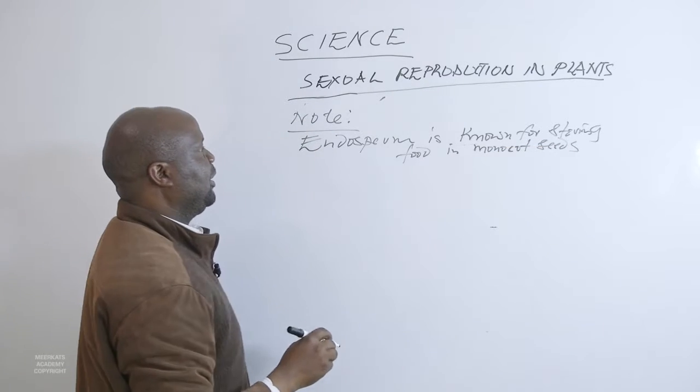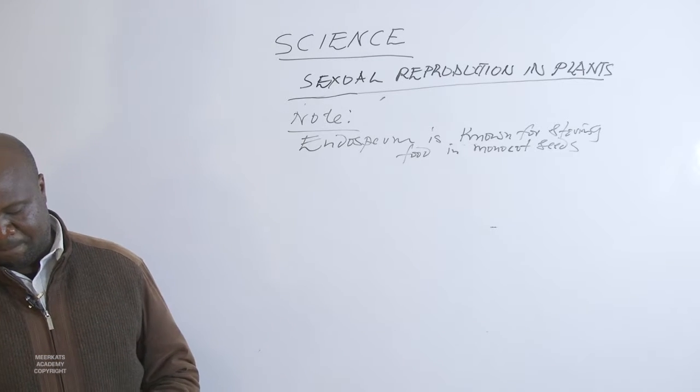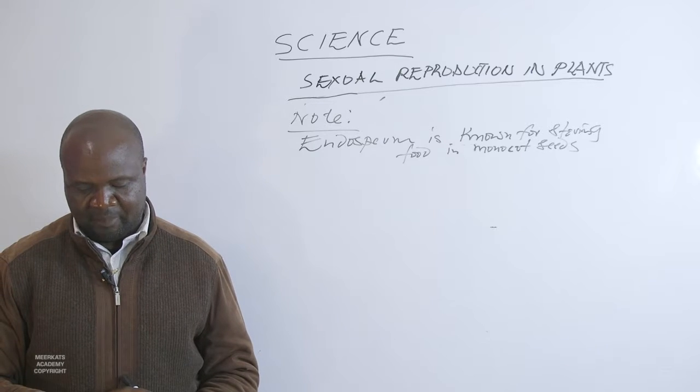So the endosperm is known for storing food among the monocots, only among the monocots.